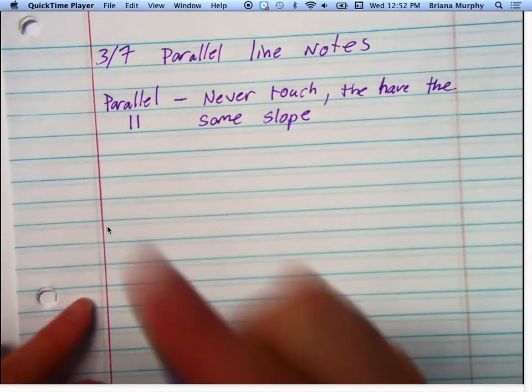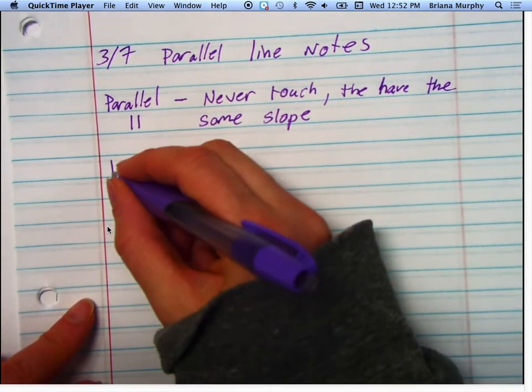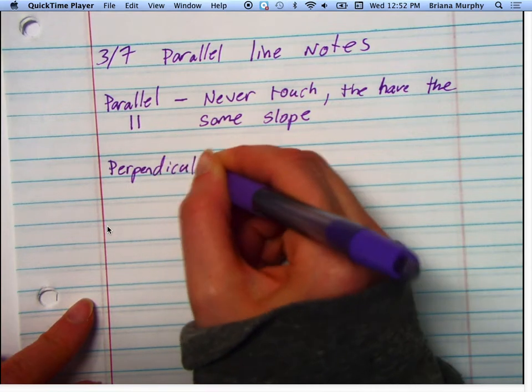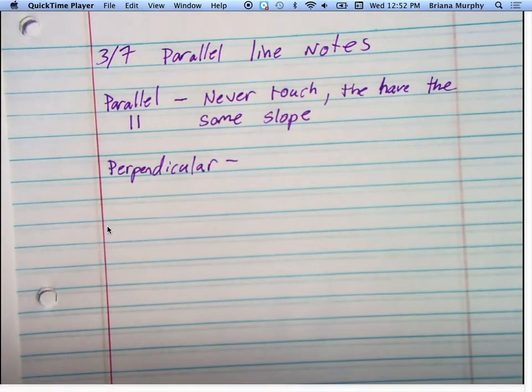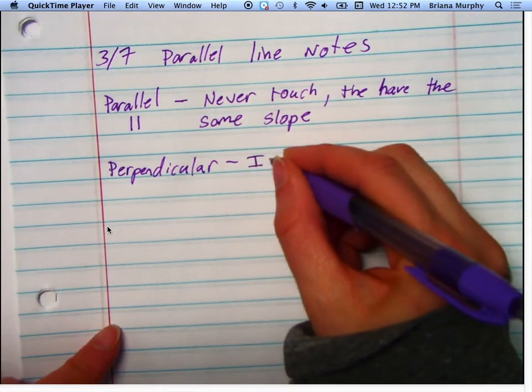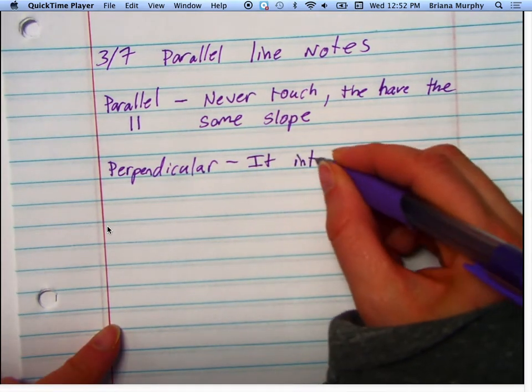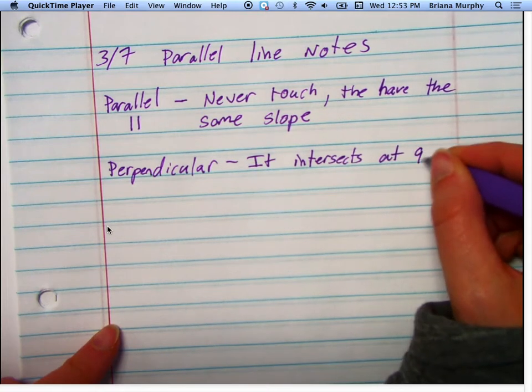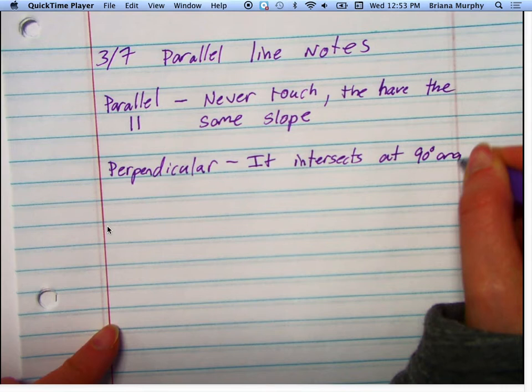Okay, when we talk about parallel, I do want to mention, although we won't do a lot with it today, perpendicular. What does perpendicular mean? If parallel means it never touches, perpendicular means it intersects at 90-degree angles, or right angles.